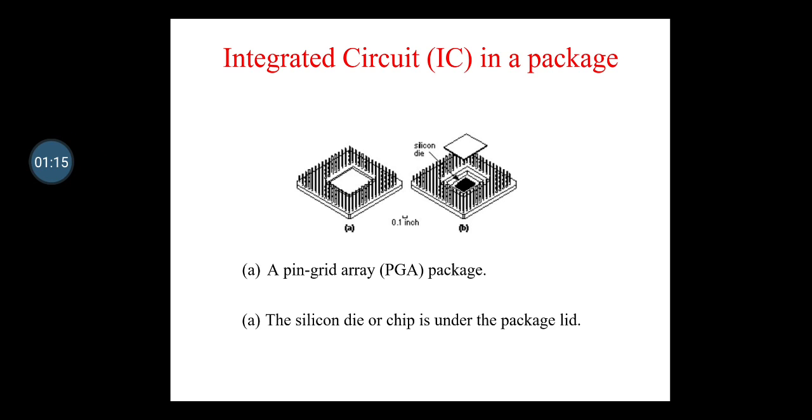And one package, a dual inline package, is available in our laboratory, you must have seen. That is the different types of logic gates. So that black color IC package is the dual inline package of the integrated circuit, and you can understand that the whole circuit is inside the small IC. So that is the best thing about the integrated circuit.